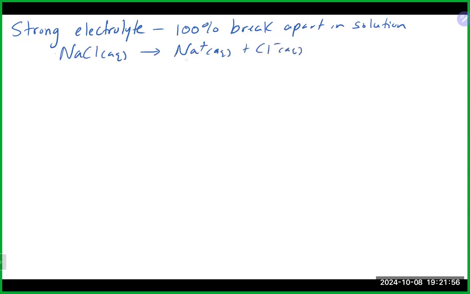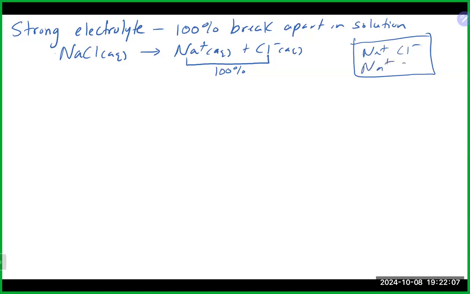And it is a strong electrolyte, which means 100% of what you have in that beaker are just the ions floating around. You have absolutely positively none of these units still together. It will just completely break apart. And because it completely breaks apart, it produces a lot of ions, and because it produces a lot of ions, it will conduct electricity really well.